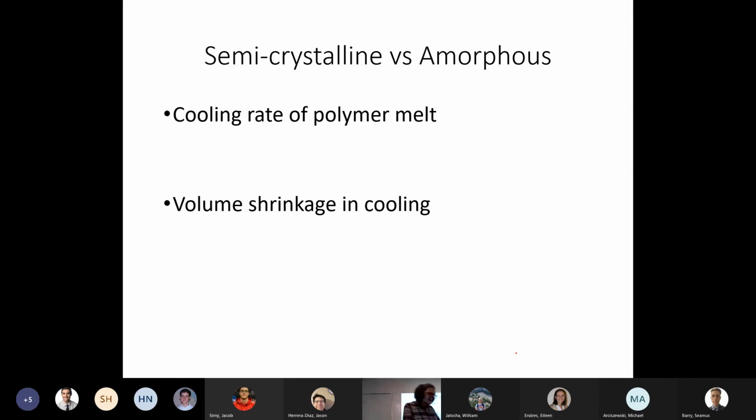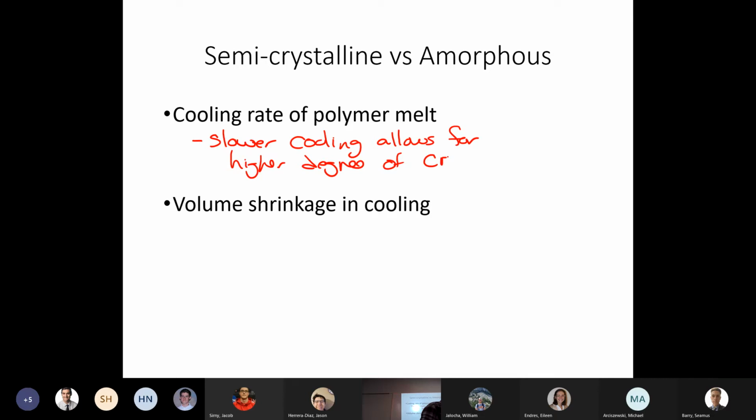So if we think about it, slower cooling allows for a higher degree of crystallinity. Okay. And again, whether we want that or not will depend. Higher degree of crystallinity gives us higher strength, but we also may have a little more shrinkage as well.